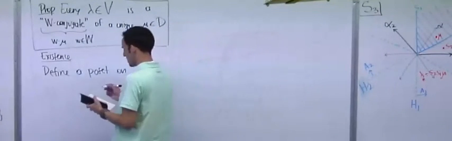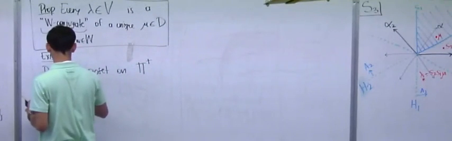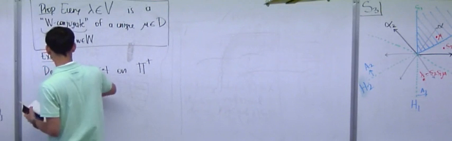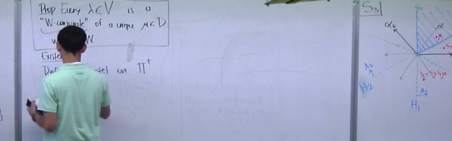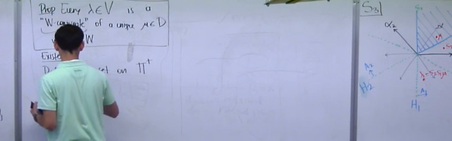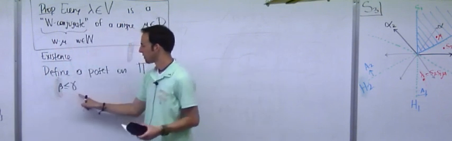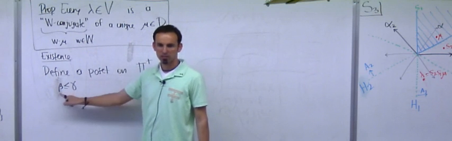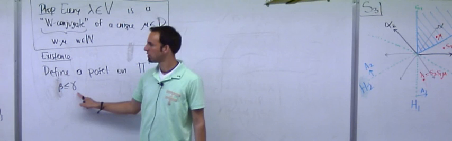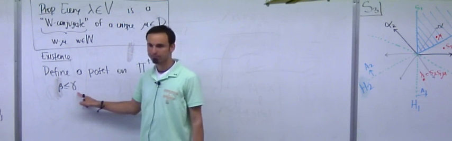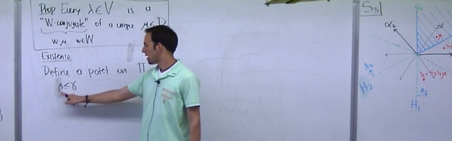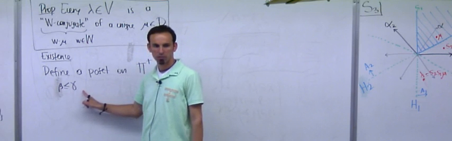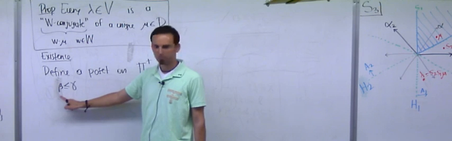The way I'm going to define this is I'm going to say that beta is less than or equal to gamma. These are positive roots, so each one of them is a positive combination of alpha 1 up to alpha n. And I'm just going to say that this one is bigger than this one if every coefficient of this one is bigger than the corresponding coefficient of this one.